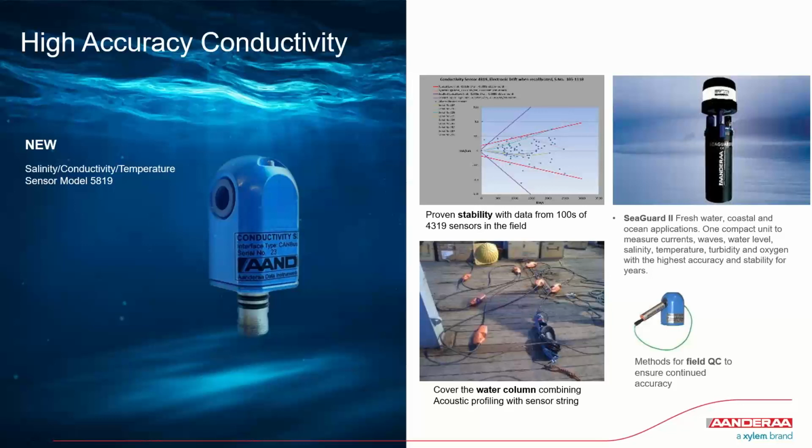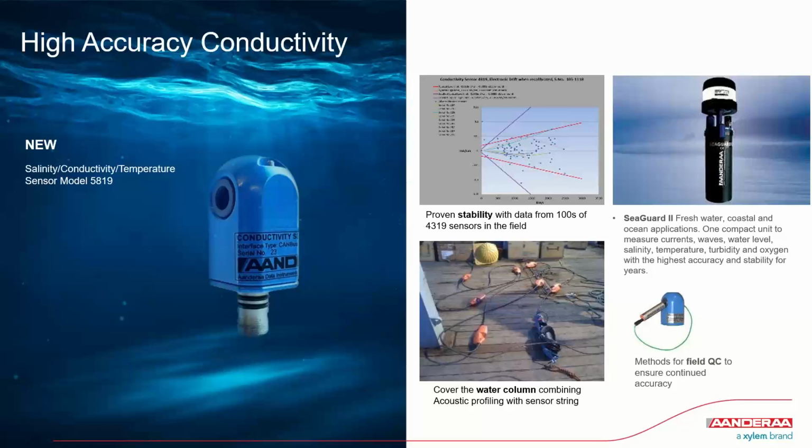We talked about the usefulness of the CGuard 2. Inger, what do you say about that? This sensor can be integrated. Yes, so the CGuard 2 is one of the packages you can integrate this sensor with. And again, what Anders has been saying previously, this combination of sensors to figure out what's going on in your area of interest, mixing data from acoustics, from salinity sensors, from wave sensors, and now from the turbidity sensor, as well as the conductivity sensor that we now have with higher accuracy.